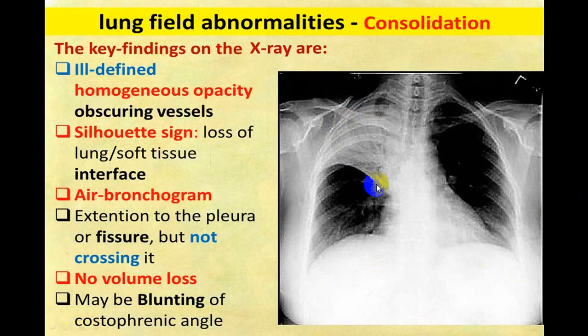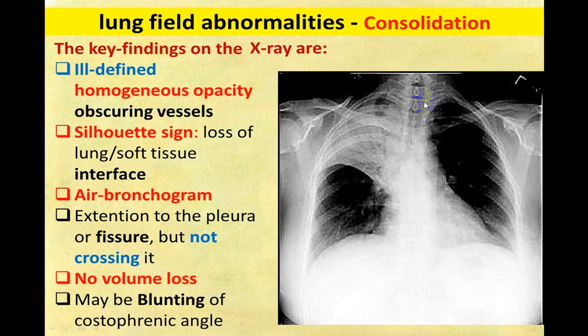This is, you can see a radiopaque shadow, trachea in the center, no shift of diaphragm, and in that shadow you can see an air bronchogram. You can see small black lines. This is called air bronchogram. So characteristics of consolidation: ill-defined margin, not clear cut. Here I cannot make out the margin.